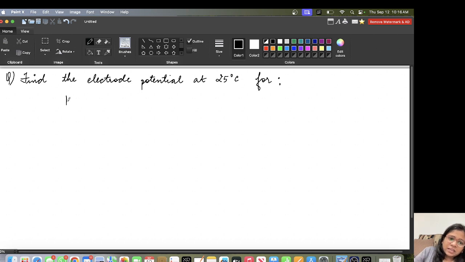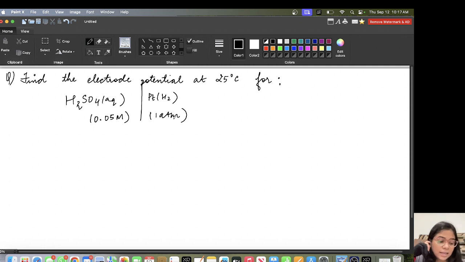You need to find the E of this: H2SO4 aqueous 0.05 m and Pt in H2 at 1 atm. So you need to find the electrode potential of this. Now you know something is happening with H2SO4, right? Since H2SO4 is written here, it means H+ from H2SO4 is undergoing reduction to give you H2.